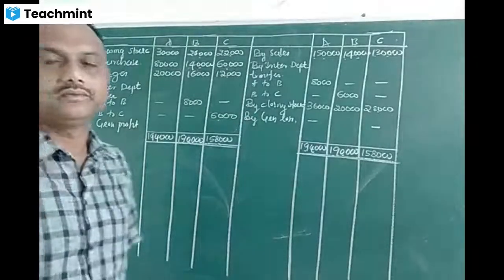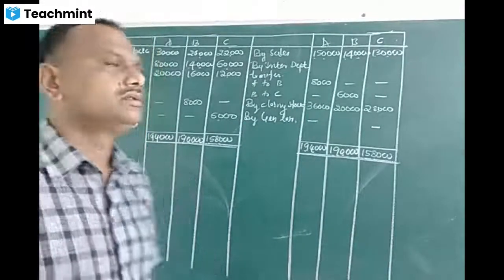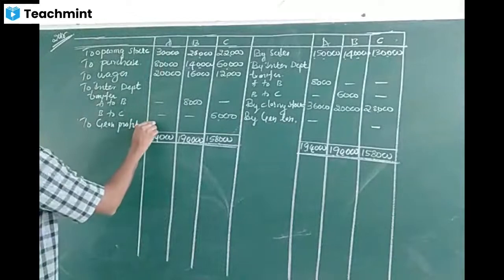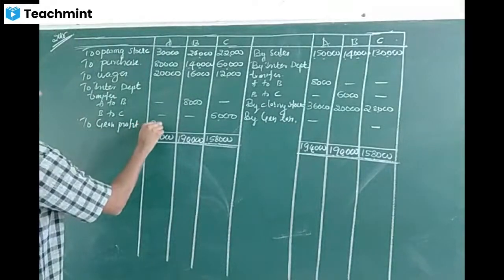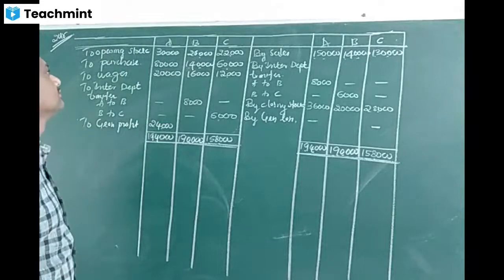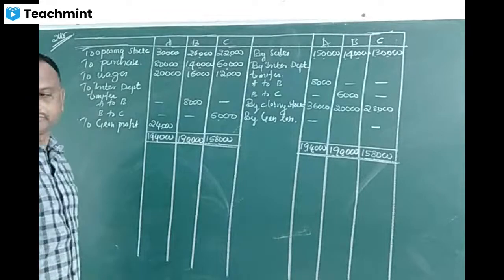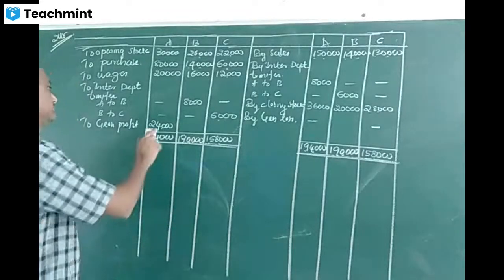Gross profit of A is 64,000. B shows 24,000 as the difference, and C 58,000.